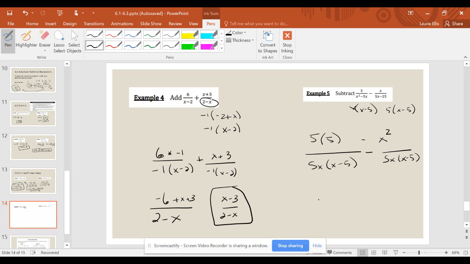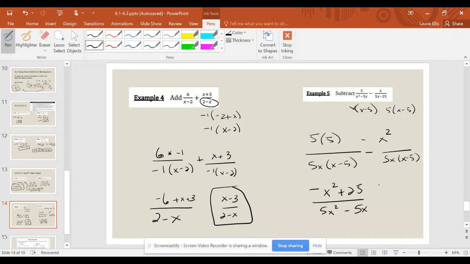Okay, so my numerator becomes x squared minus 25, excuse me, negative x squared plus 25 is what I should have written, over 5x squared minus 5x.